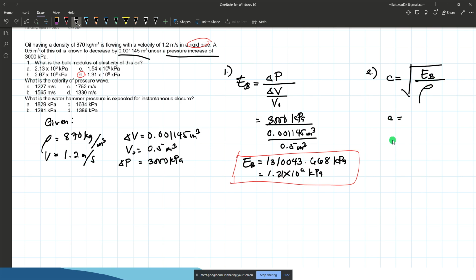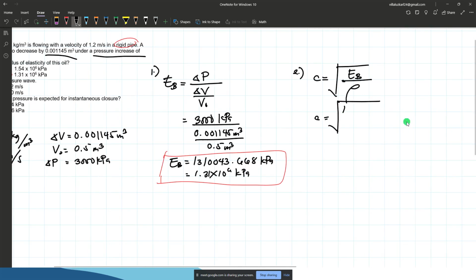So EV over rho, we have 1310043. We convert this into Pascal unit to be consistent with the unit that we use, so that our answer should be in meter per second for the celerity.